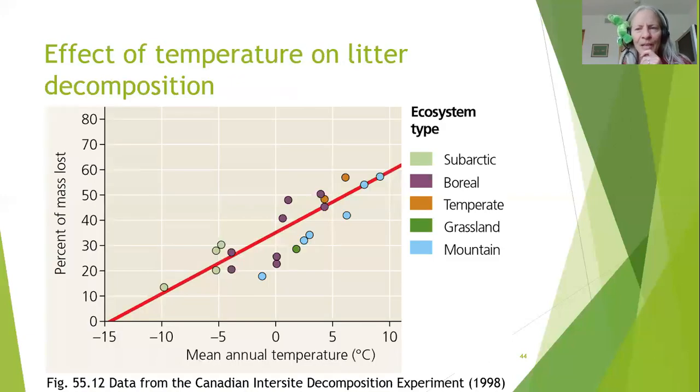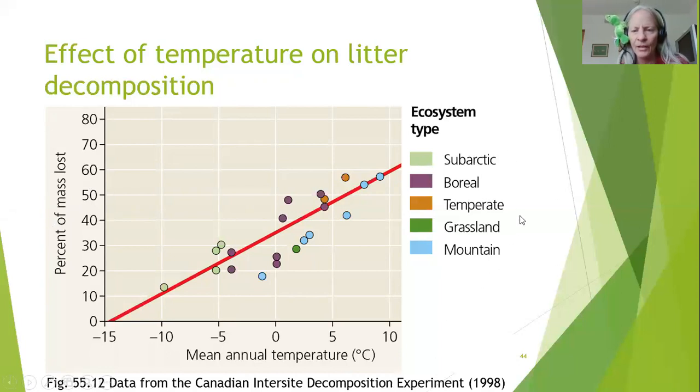Okay, so let's look at this graph and what's going on in this graph. Notice what's on the x-axis is mean annual temperature, and then notice what's on the y-axis is the percent of mass lost. And so we're talking about the detritus or the litter on the floor of a forest or some other kind of ecosystem.